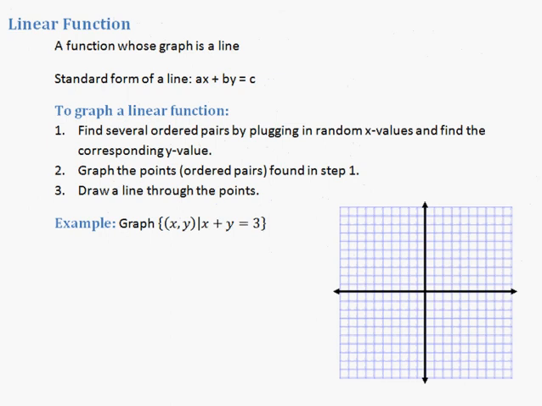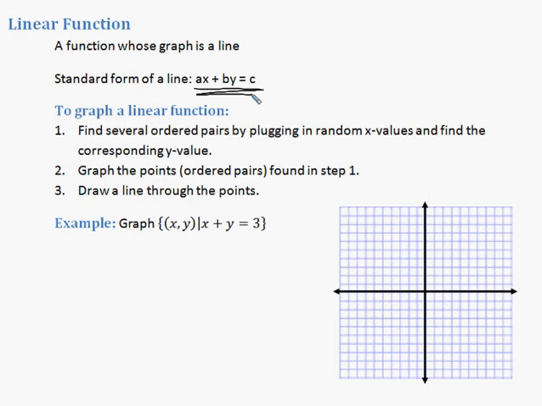Linear functions, we'll definitely get into this more next lesson, but a linear function is a function whose graph is a line. The standard form of a line is ax plus by equals c. It has an x and a y, both to the first power, and then a, b, and c are just real numbers.